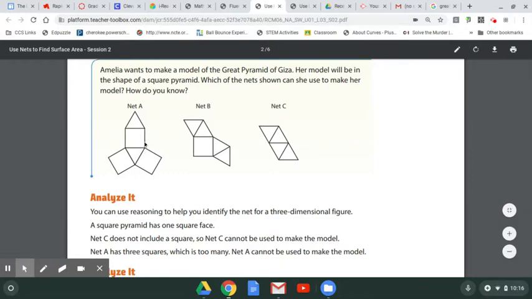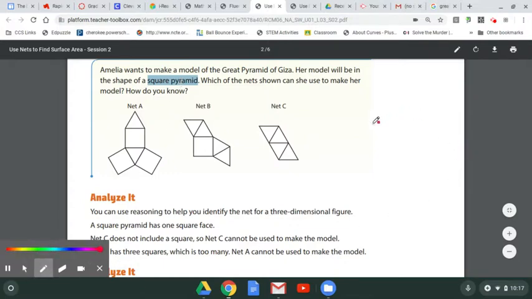So the base is what? You look at the name of the shape to find the base, and the base is a square. And then it's a pyramid, which means it comes up to a point.